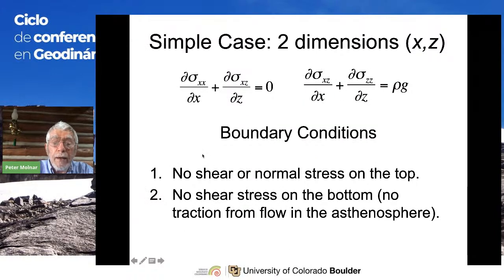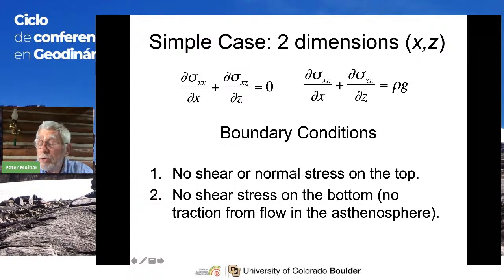Okay. Now, to solve these equations, we need boundary conditions. Let's assume there's no shear or normal stress on the top. This is effectively saying that the wind causes no tectonic deformation. I don't think any of you would doubt this. The wind or streams, there's no shear stress on the top.